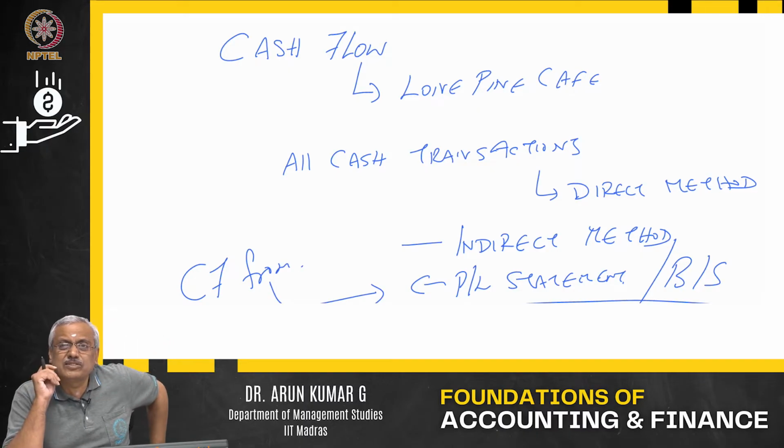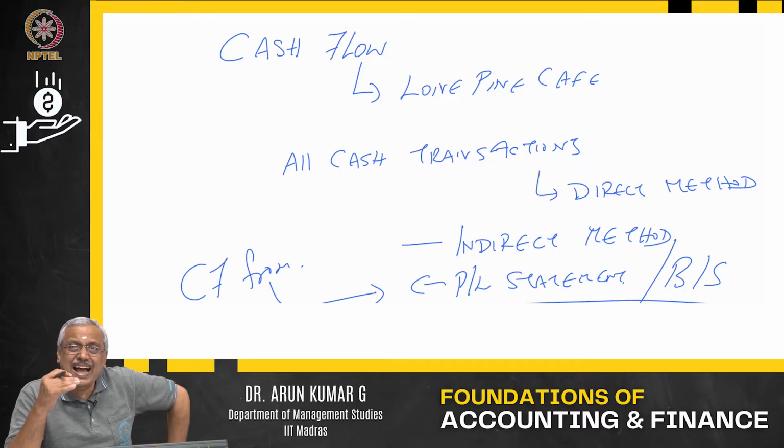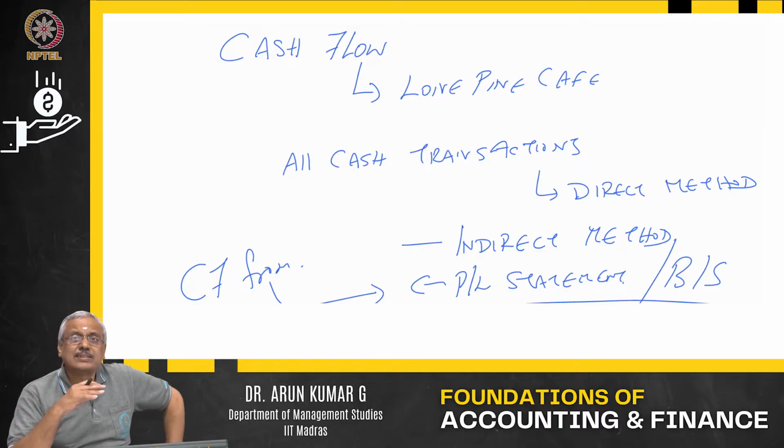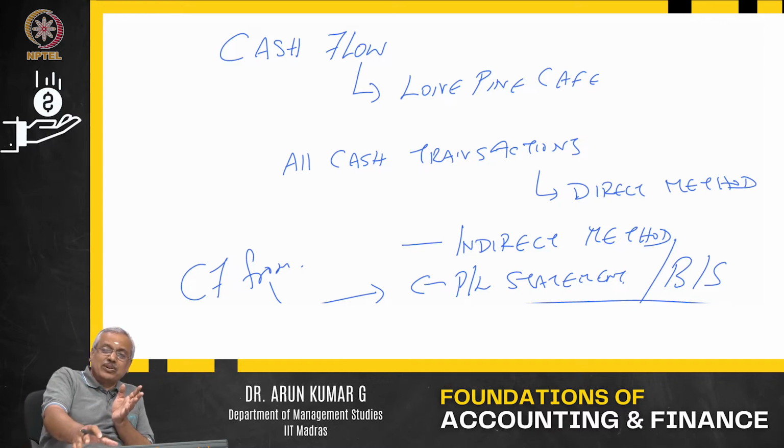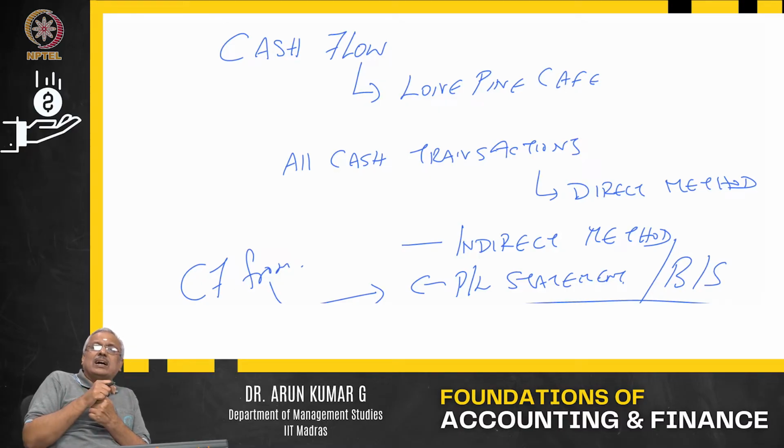That is what we call the indirect method, and that also acts as a method to check the accuracy of all your three financial statements. I should be able to decipher the cash flows from the balance sheet and the P&L.